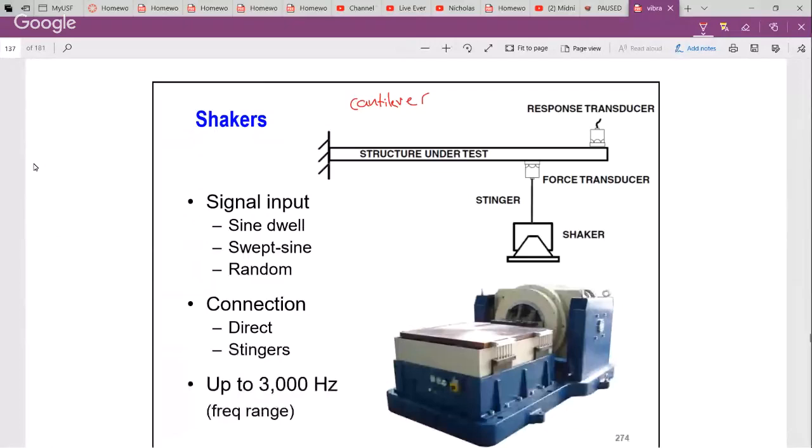Because that speaker can pull some current, right? So you need a power amplifier.